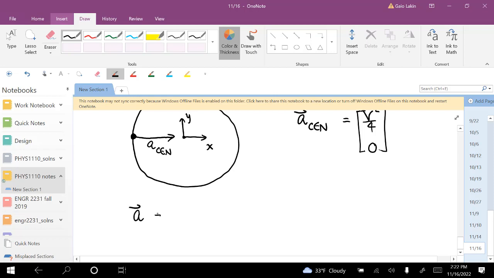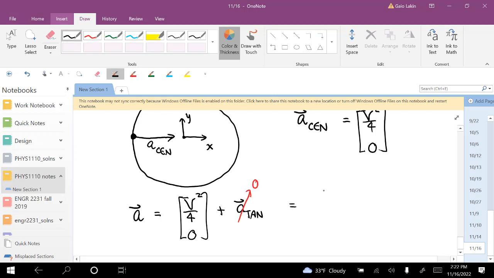And so the total acceleration vector is the centripetal plus the tangential, which is 0.